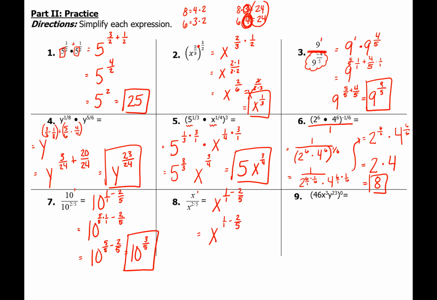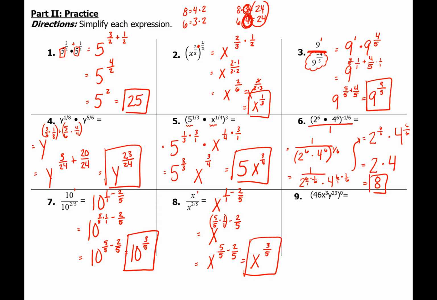My least common denominator is going to be 5. So I'm going to multiply by 5 over 5 just on the 1 because this one already has it. So I have x to the 5 over 5 minus 2 over 5, and 5 minus 2, just my numerators here, is 3. I keep my common denominator the same. And for today, that one is done.